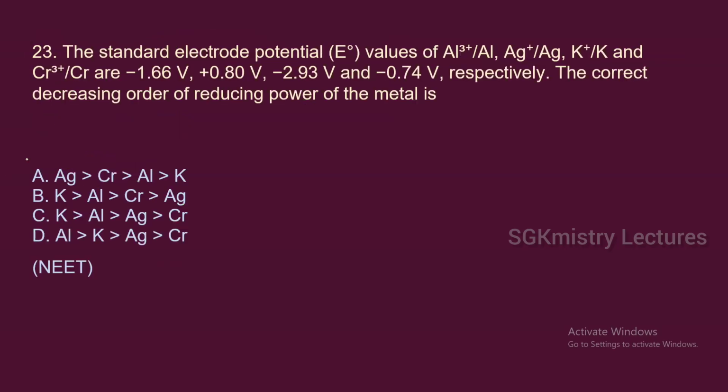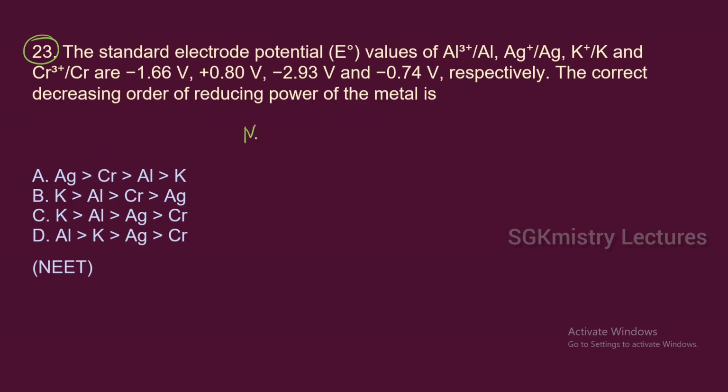Okay, next, coming to question number 23. The standard electrode potential E0 values of Al3+/Al couple, Ag+/Ag couple, K+/K couple, as well as Cr3+/Cr couple are minus 1.66, plus 0.80, minus 2.93 and minus 0.74 volt respectively. Now you have to write them in decreasing order of reducing power of the metal. Very simple, this is also with respect to the concept.